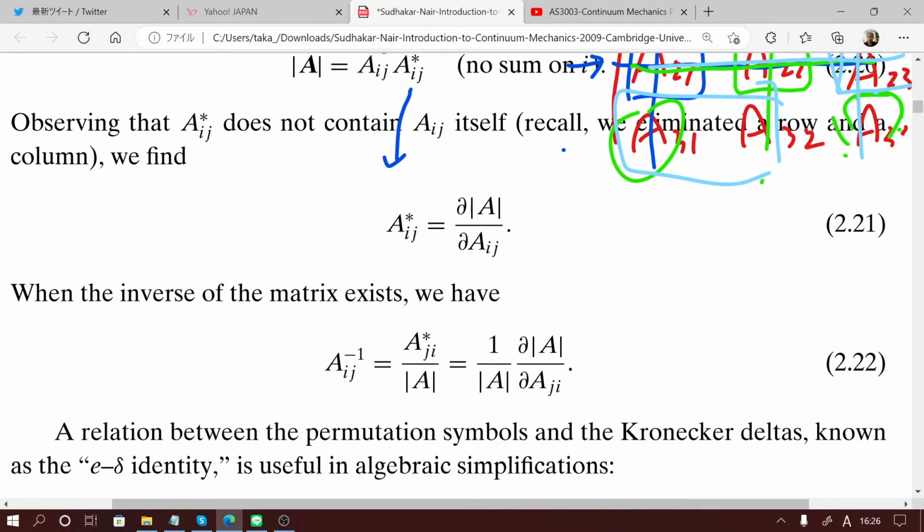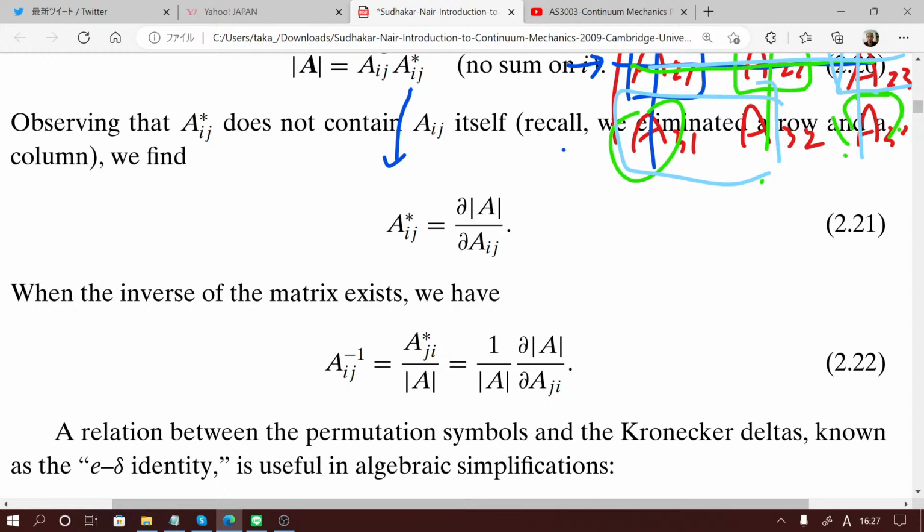When the inverse of the matrix exists, we have Aij inverse is, this is a little bit complicated.